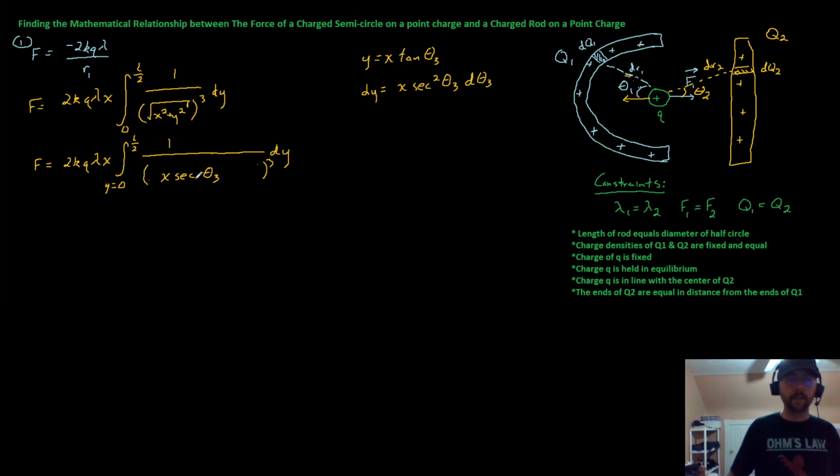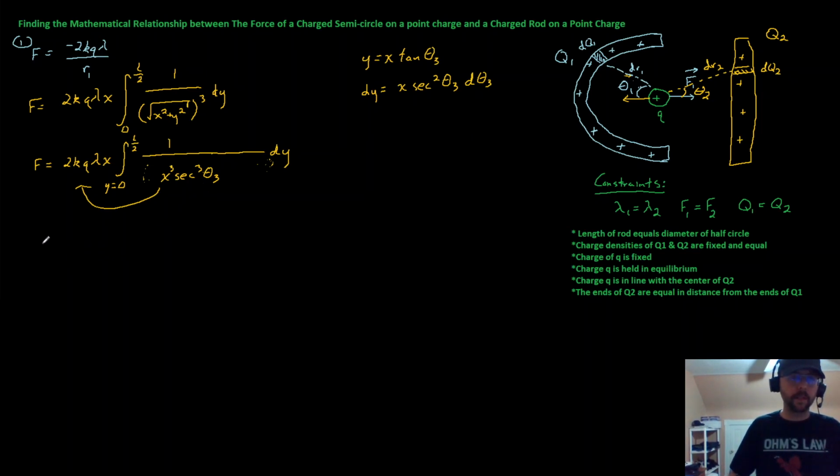Yeah. Now I raise this to the third power, and when I do that, just raise each one to the third power. Now, I can pull the x cubed to the outside, which is going to cancel with this x and give me an x squared on the bottom. And then it'll just leave me this one term on the inside.